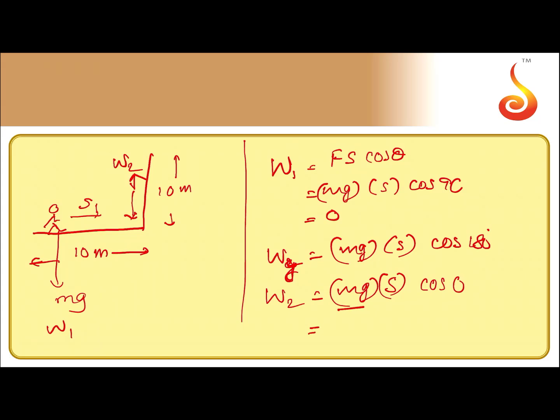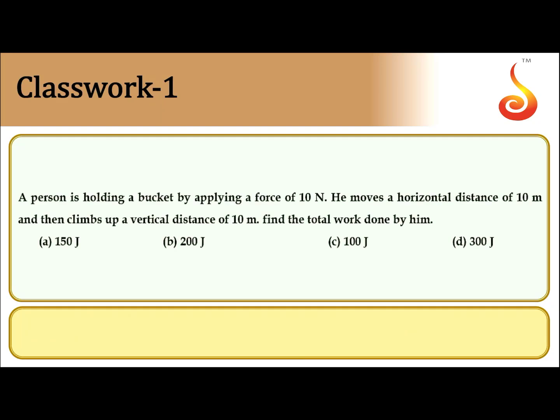Mg is 10 Newton and this is 10 into 1, so it becomes 100 joule. So the work done by the person in lifting the bucket through a distance of 10 meter up is 100 joules. C is our correct choice.